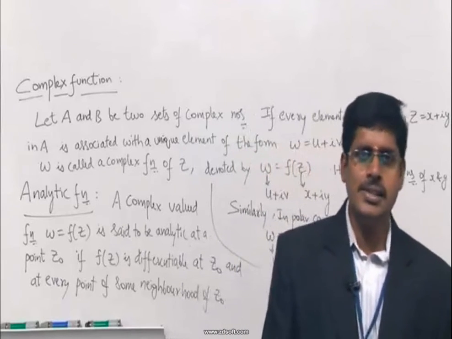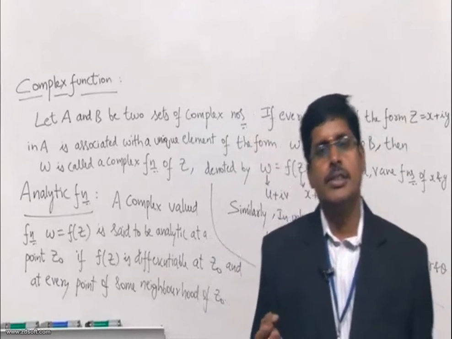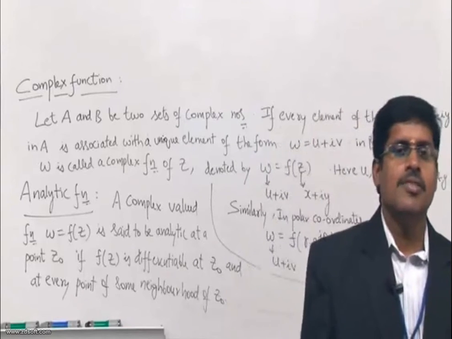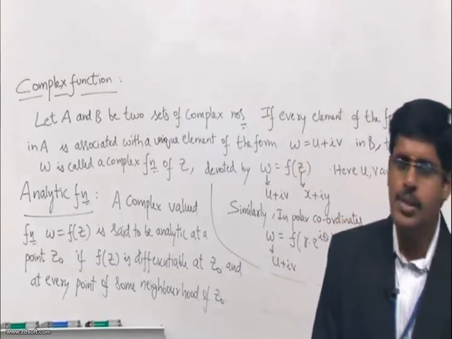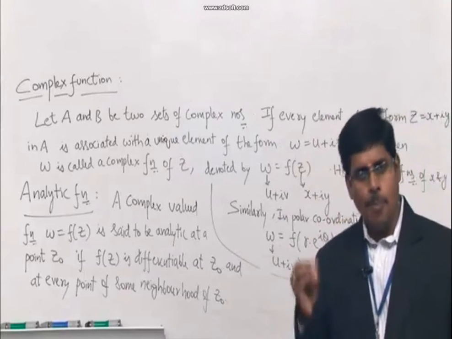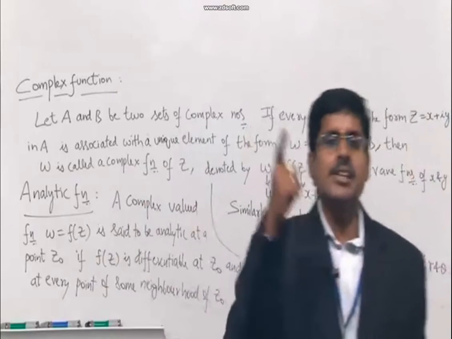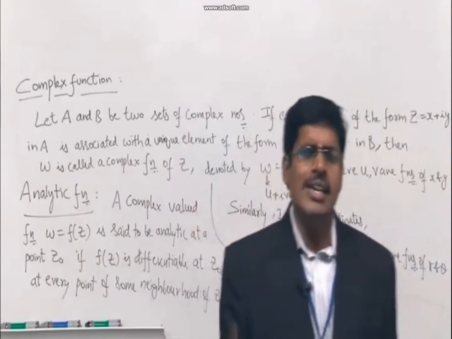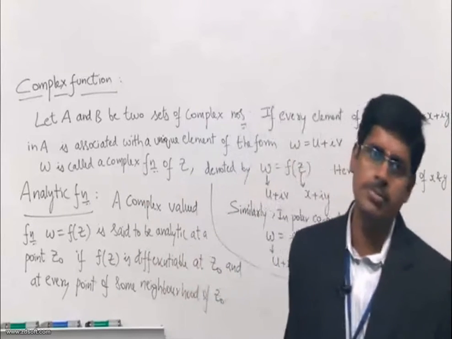That means the neighborhood of z0 is the set of all points inside a circle with a center at z0 and radius some r or delta. Okay. So, taking a point z0 as a center, we can draw so many circles formed with this center z0. Inside that circle, at every point, the function should be differentiable.